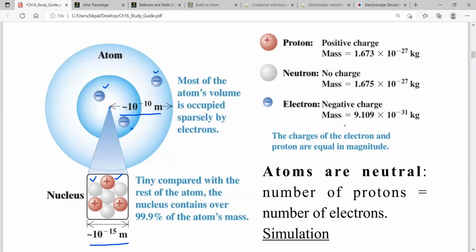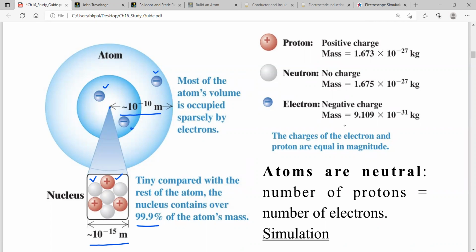Even though it is small, because the protons and neutrons are heavier than electrons, most of the mass of an atom is concentrated at the nucleus. Here you see that 99.9% of the atom's mass is concentrated at the center.